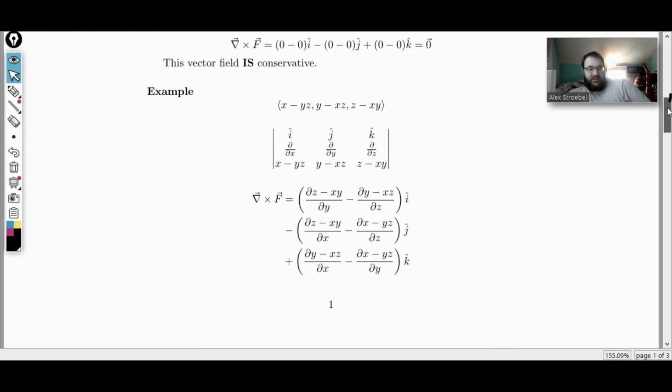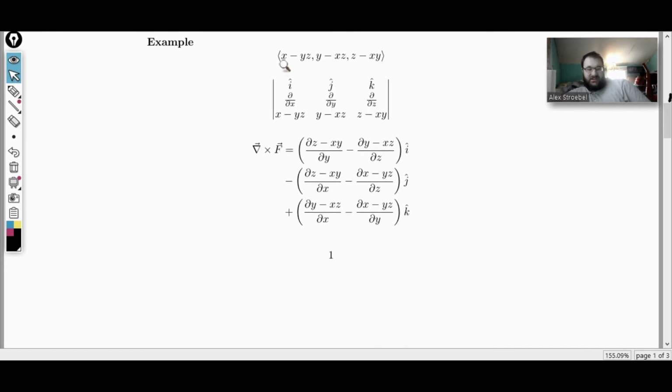Here is another example. We have the vector x minus yz, y minus xz, z minus xy. We put it in a matrix and we do the process of finding its determinant. So we take z minus xy, the derivative of z minus xy with respect to y, and so on, right?